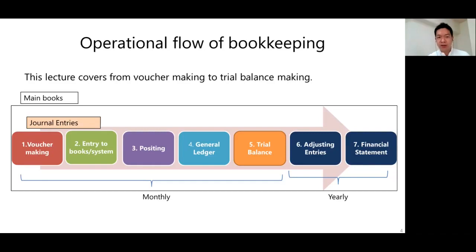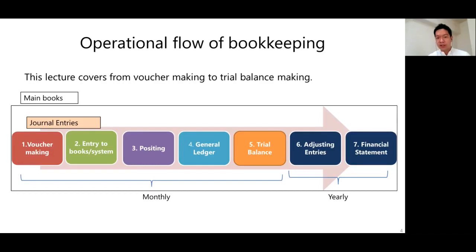So based on it, there are some adjusting entries to adjust the period of transaction, if it is this year, or if it is last year, or if it should be in the next year, so that according to the accounting period, each account title will be finalized in the financial statement.